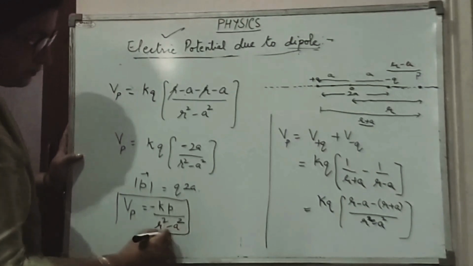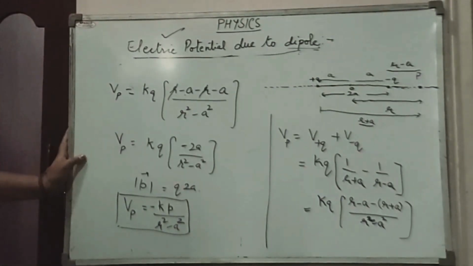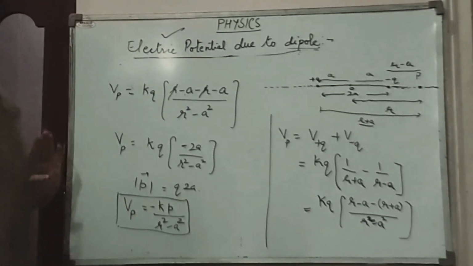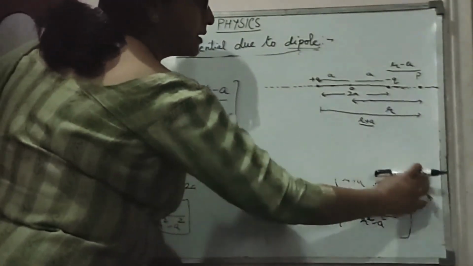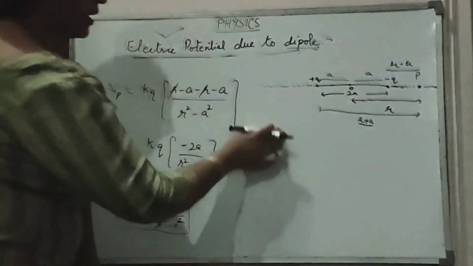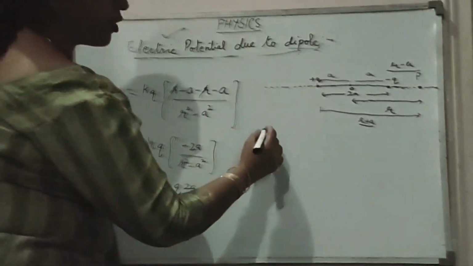Now this is the result for the dipole. If we consider the ideal dipole, what is an ideal dipole, or short dipole?